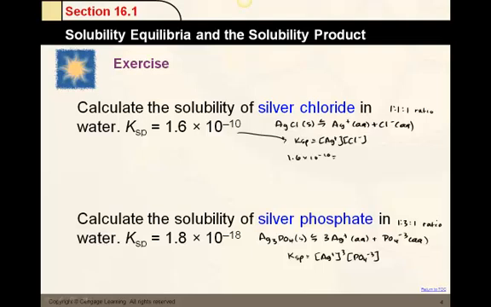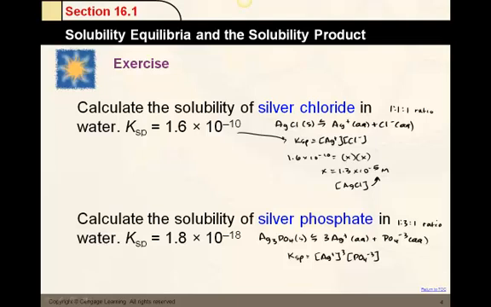And we know the ratio here is 1 to 1. So whatever silver is, so is chloride. So essentially, if you take the square root of 1.6 times 10 to the negative 10, you get 1.3 times 10 to the negative 5 molar. So that's also the concentration of AgCl. That's the maximum concentration it can be and be soluble.